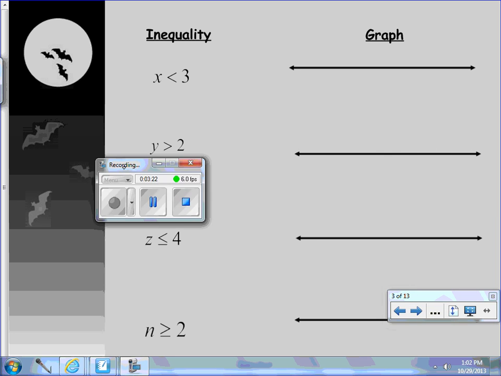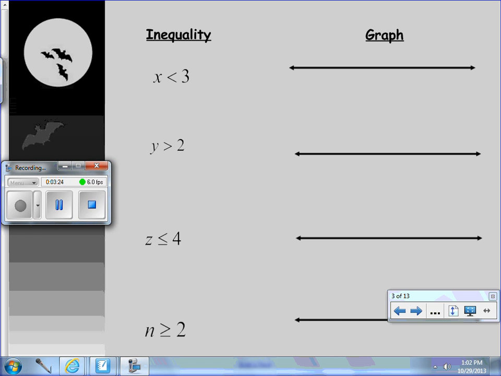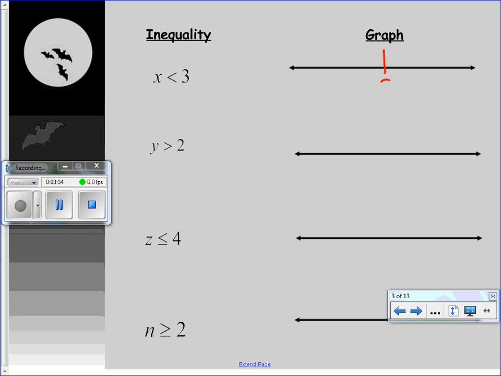In our first example, we have x is less than 3. When you're asked to graph this, you will graph it on a number line. So you have a number line here. Just plot a 3, and then fill in the numbers. Now, our inequality states that x is less than 3.